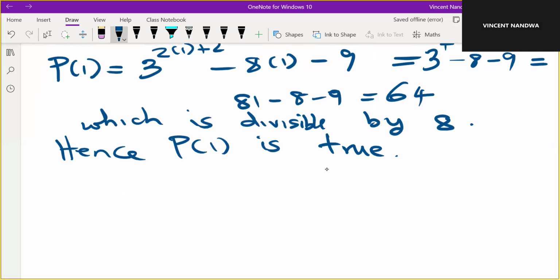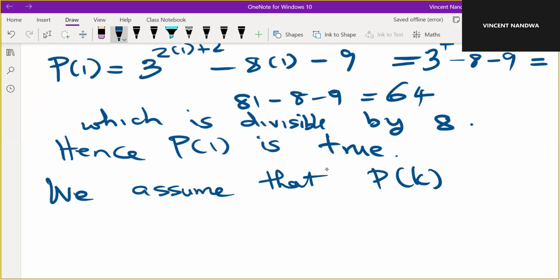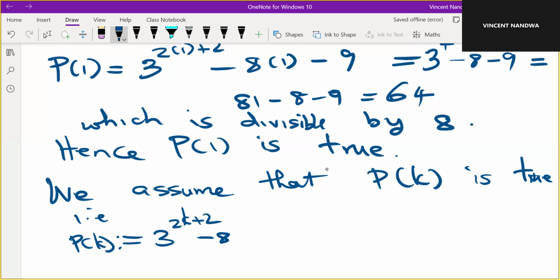Yeah, we assume that P(k) is true, okay? So we assume that P(k) is true, i.e., P(k) will be 3^(2k+2) - 8k - 9 is divisible by 8. So that is how the statement will look, okay?